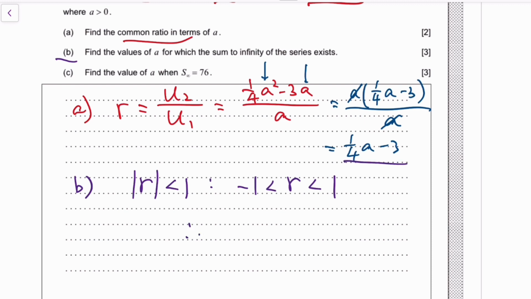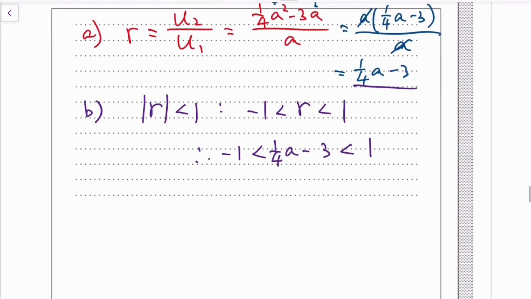Therefore, you actually need 4a minus 3 to be between -1 and 1. Now we'll solve this inequality. It's the same as solving any inequality, except whatever you do, you need to do on all three sides. So we're going to add 3 to all of them.